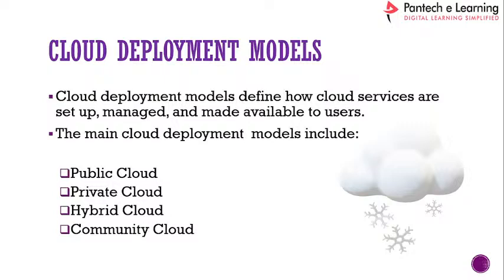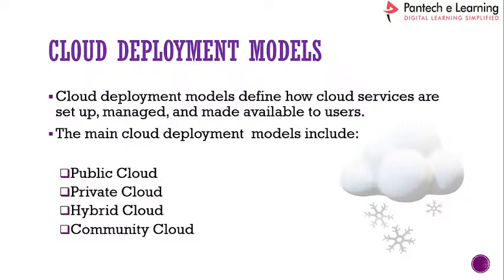Cloud deployment models. Cloud deployment models define how cloud services are set up, managed and made available to the users. These are the deployment models through which services will be offered, and they include the public cloud, private cloud, hybrid cloud and the community cloud.